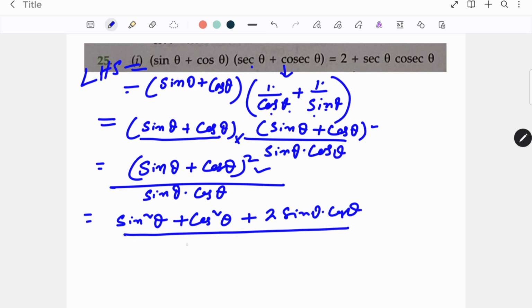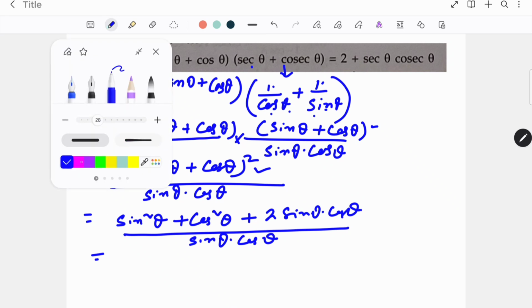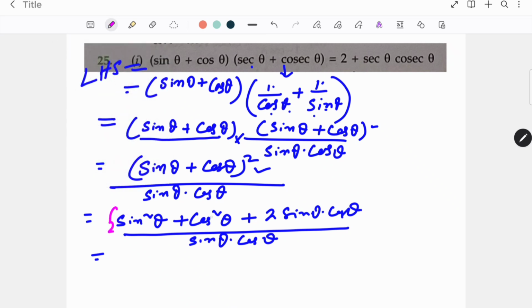Down we have sin theta into cos theta. Next step, we know sin square theta plus cos square theta is 1, so from this part we will get 1, and we have 2 sin theta cos theta.